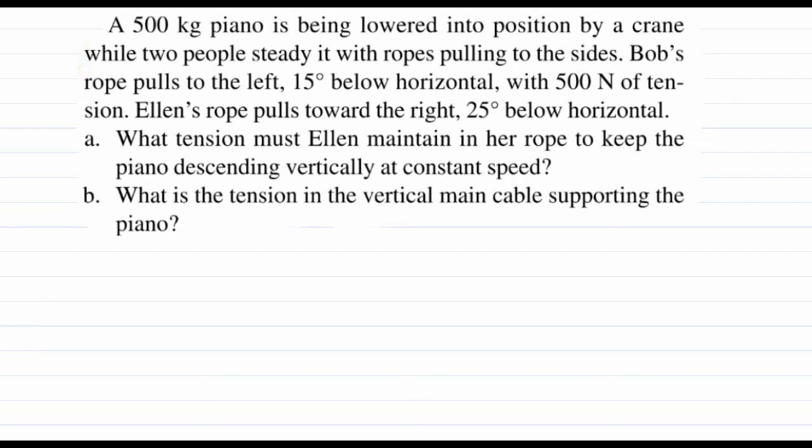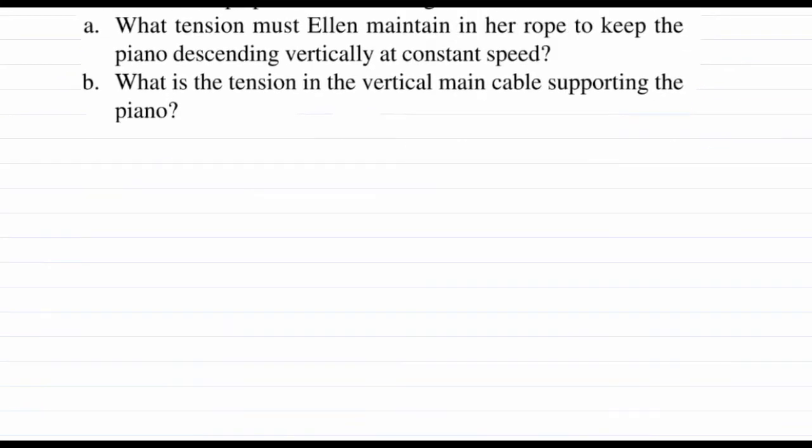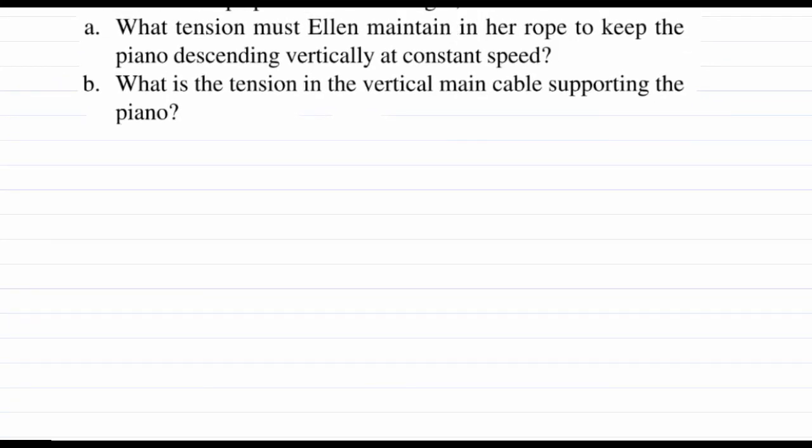So the first thing we're going to do is draw a free body diagram for this problem. And if you bear with me, let's get an axis together here. So here is my coordinate system, and we should label the coordinate system.